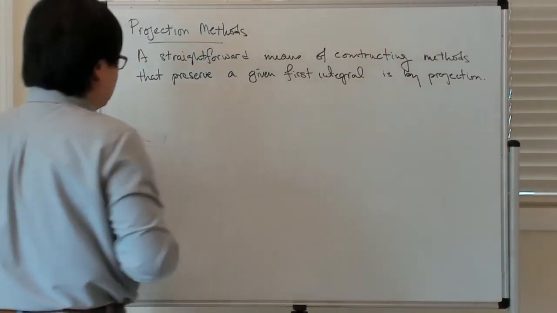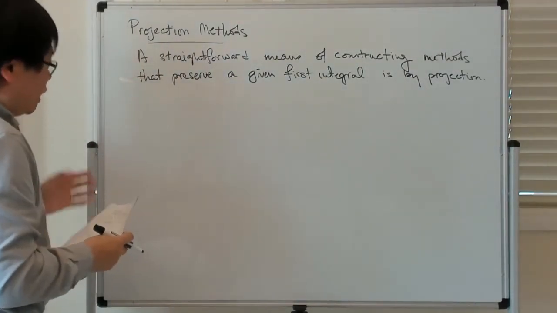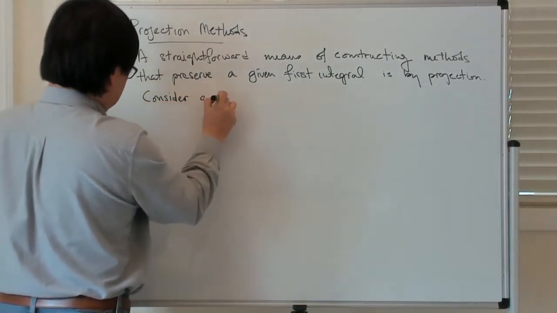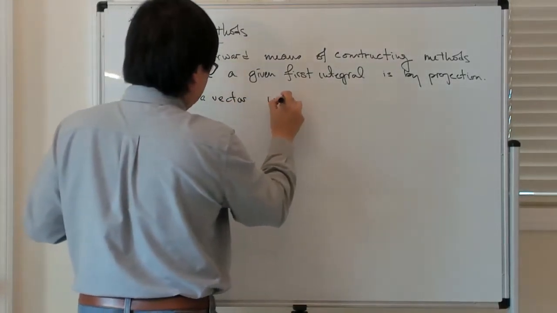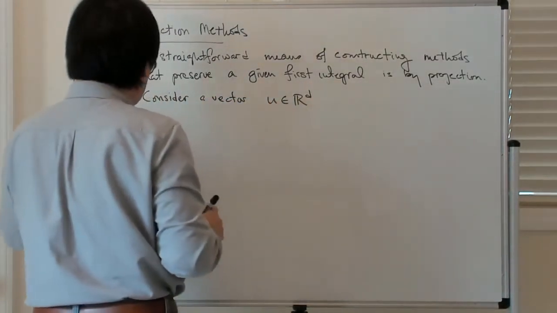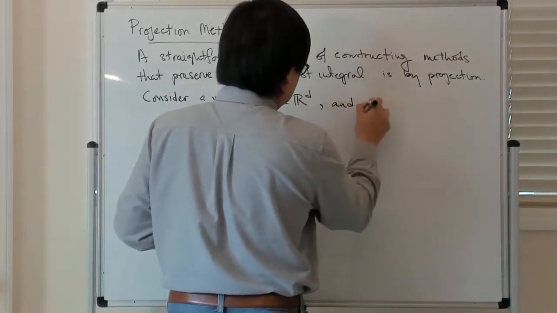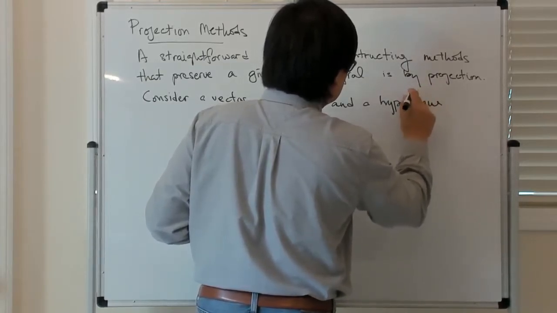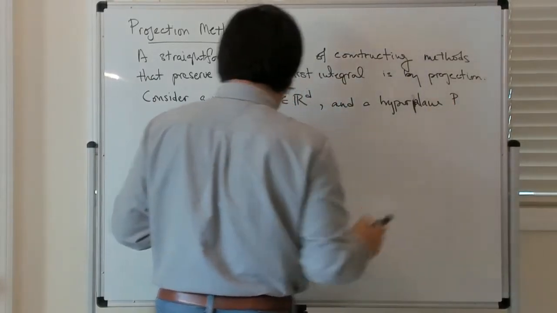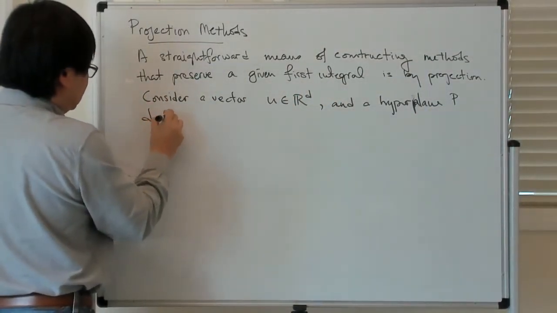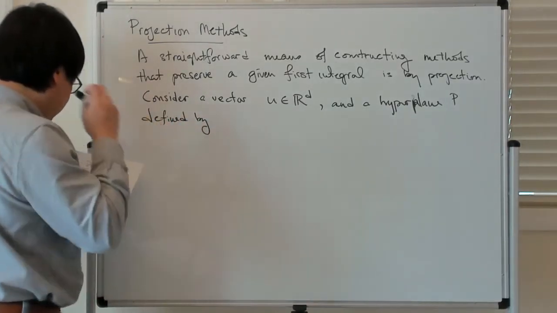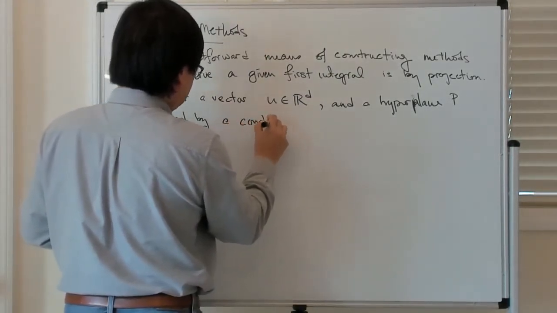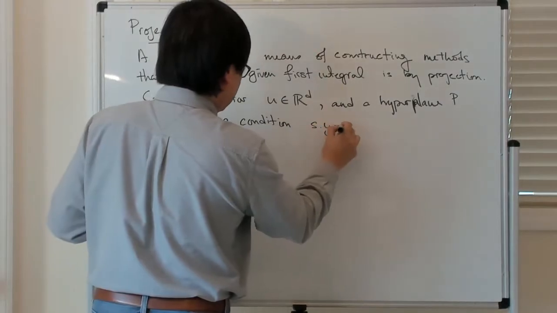Okay, so let's consider a vector, say u in R^d, and a hyperplane P defined by an orthogonality condition that s dot y is equal to 0.